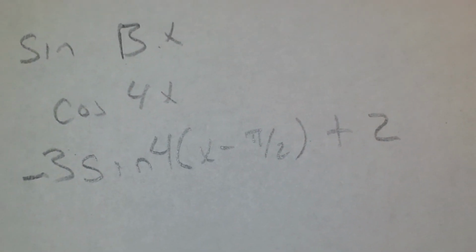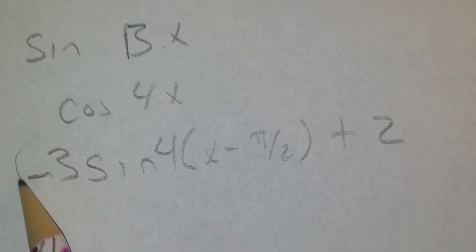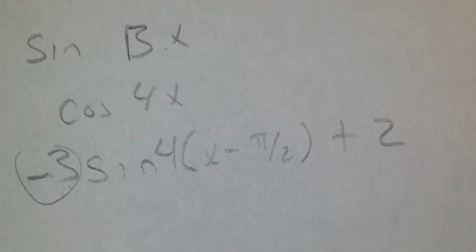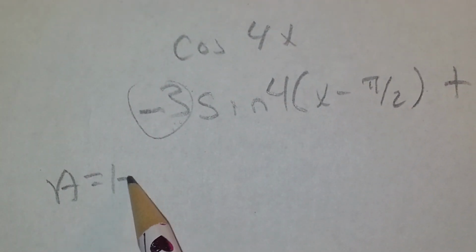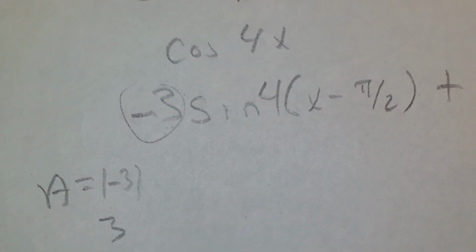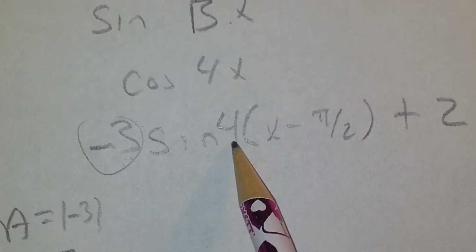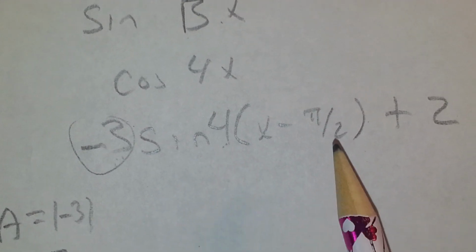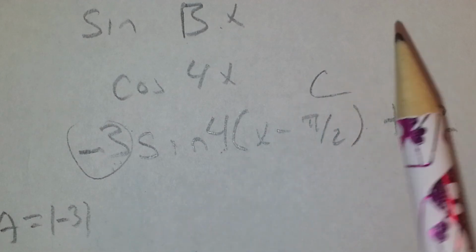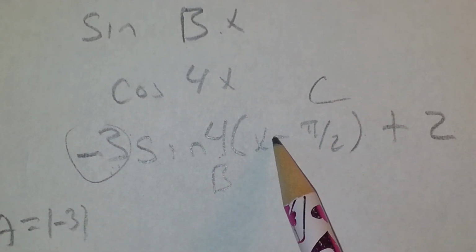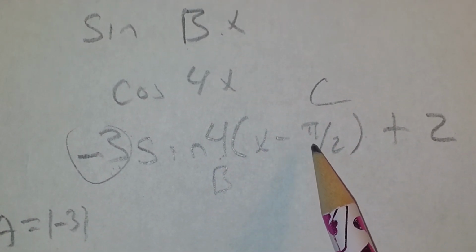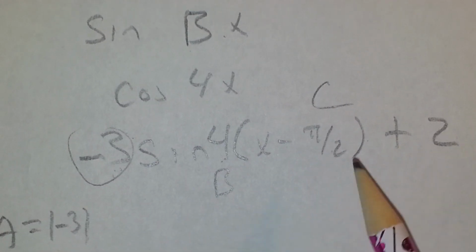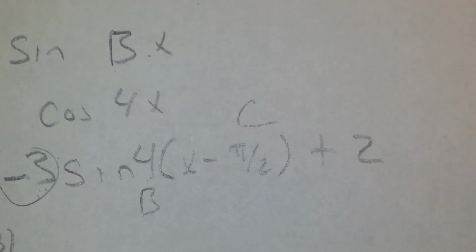This is pretty much all your components. I've got amplitude, which is going to be the absolute value of -3, which is 3. My b is 4. That's going to affect the period. Okay? My phase shift, C, here's B, this graph from the original sine graph is going to shift to the right pi halves, and then once we're done with all that, we'll go up or down 2.